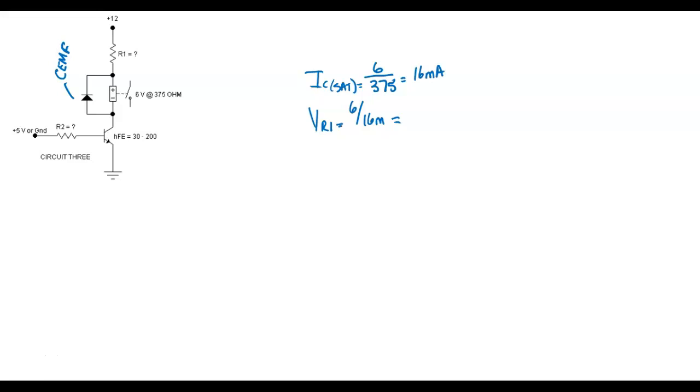So if you had a relay and you knew it was a 12 volt relay, but it didn't give the ohms, what would you do? If you had a relay and you knew it was a 6 volt relay and it didn't give you the ohms, what would you do? You don't know the ohms, you don't know the current.